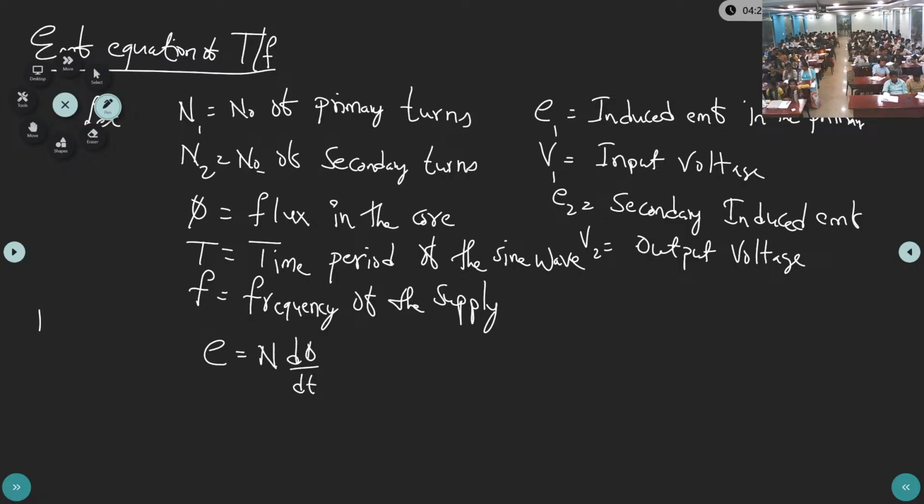It is the principle of mutual induction. Now whatever we are writing, E is equal to N dφ by dt. If you say it is E1, the primary induced EMF is equal to N1 dφ by dt.